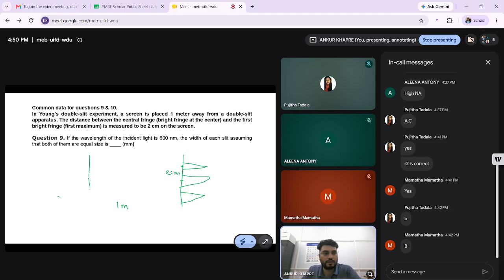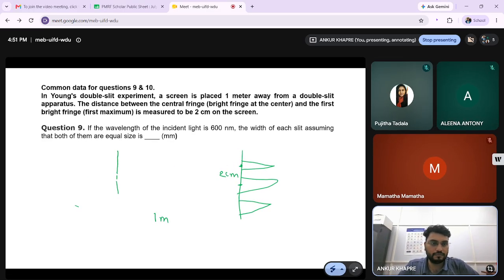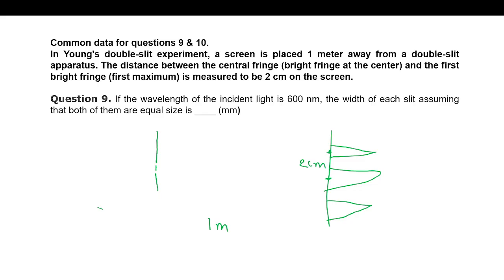Can you try to answer it? You need to think about the lambda, which is 600 nanometer. Everything has been given here. You just need to put all these things.